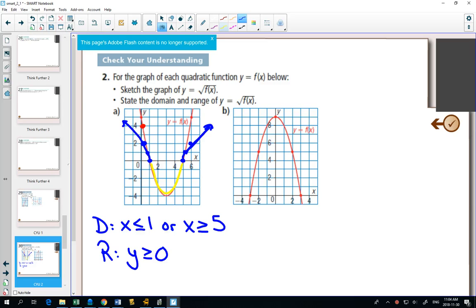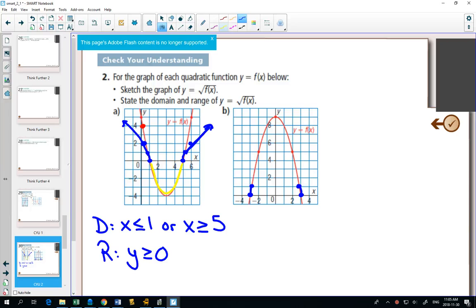In the second one, again, step one, find out all the points that are going to stay the same, which are at 0 and 1. Then between 0 and 1, it's going to be slightly above. And this one really is hard to show that. Then after, your y values are going to be less than 1.